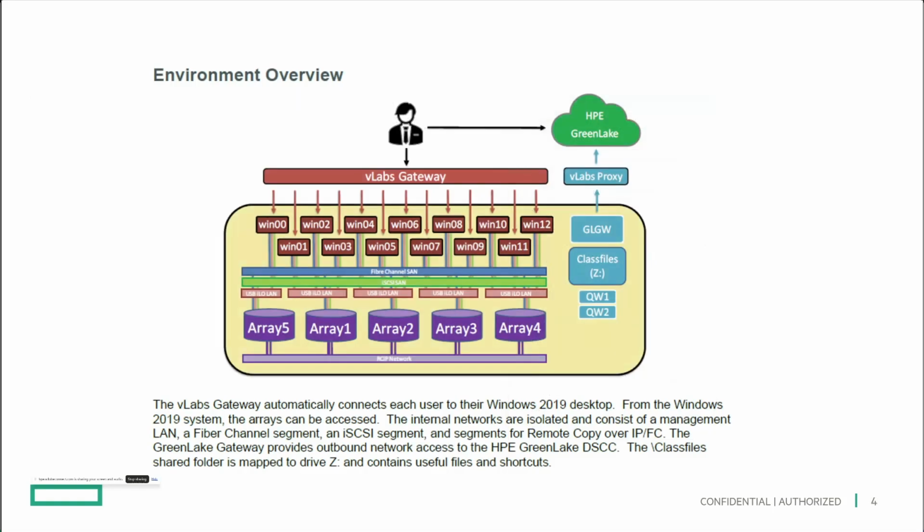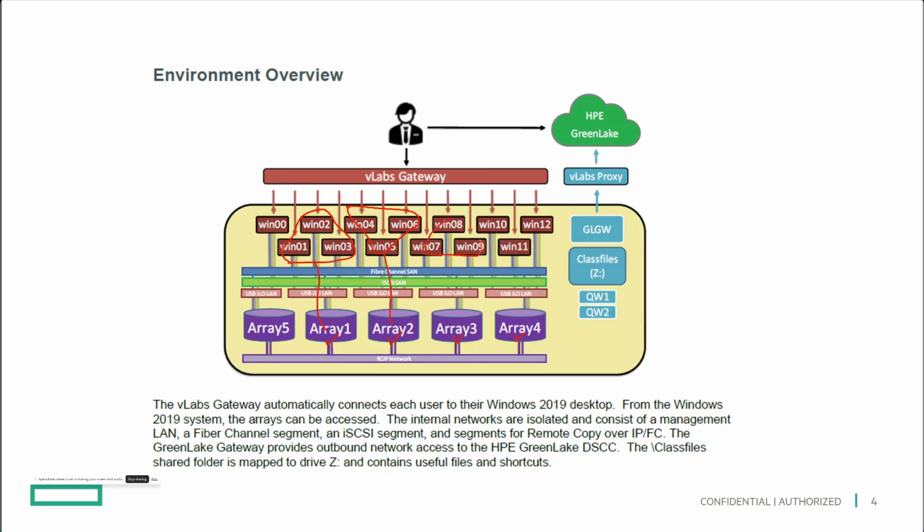Now, the whole environment: we have array 1, array 2, array 3, and array 4. This is the grouping. Win 1, 2, 3 is connected to array 1. Win 4, 5, 6 is connected to array 2.